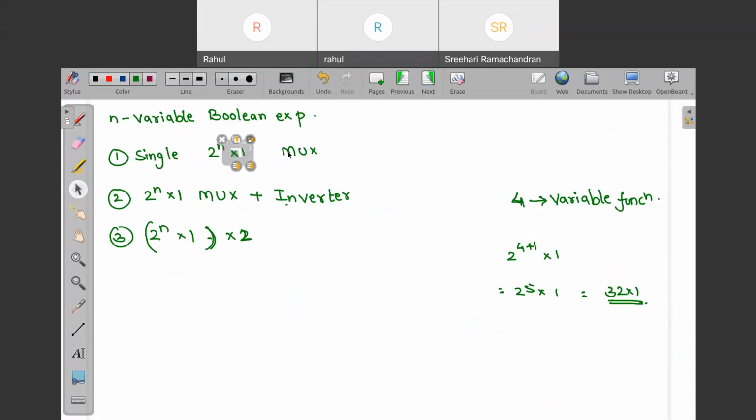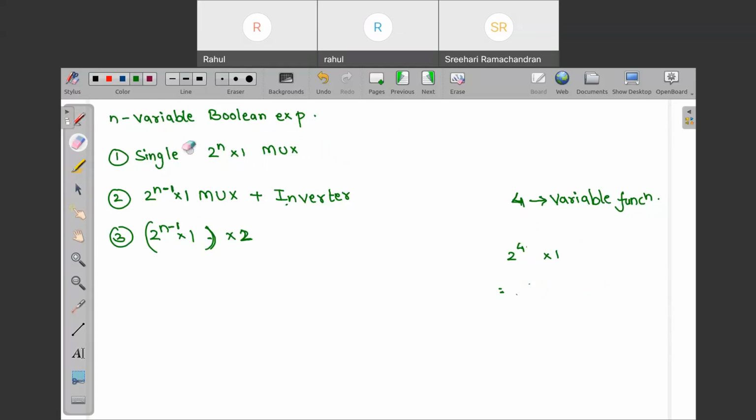So that will be 16 cross 1 mux. And this will be 2 to the power n minus 1. So I made a mistake. So for a 4 variable function, we require minimum 2 to the power 4 cross 1, so that is 16 cross 1 mux is required.